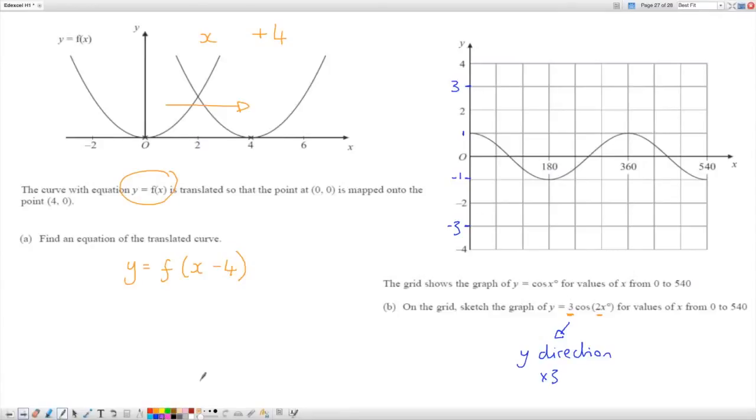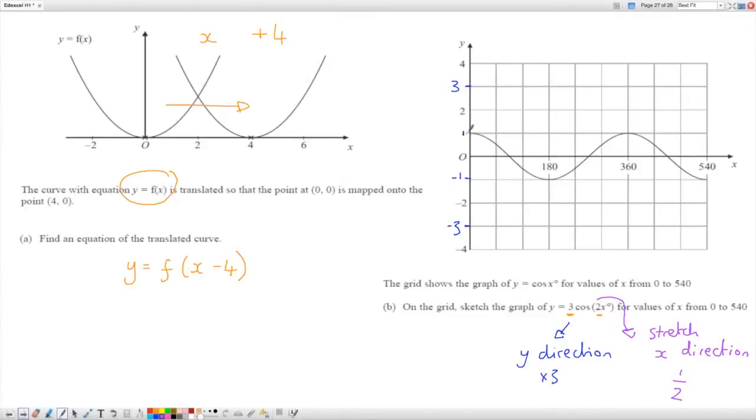Now let's look here at the 2 sitting in front of the x. This is a stretch, but this time we're going in the x direction, and it's 1 over the value sitting here, so we're looking at a half. So we're stretching it in the x direction by a half.